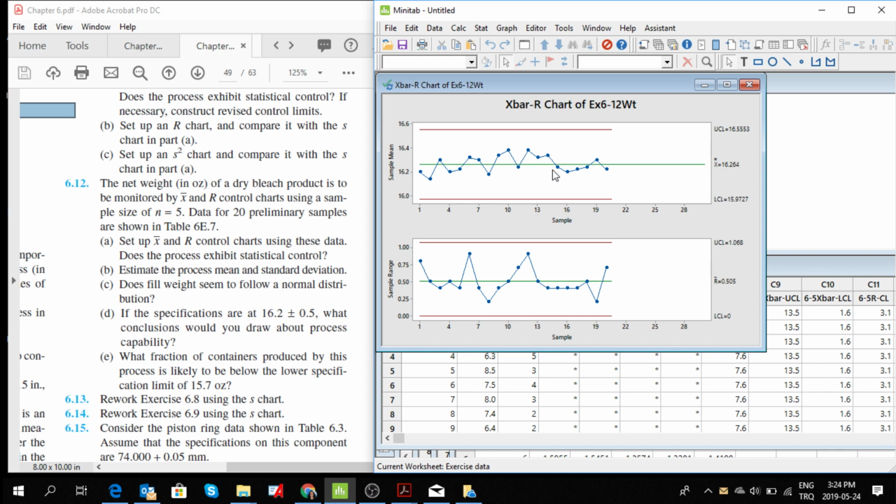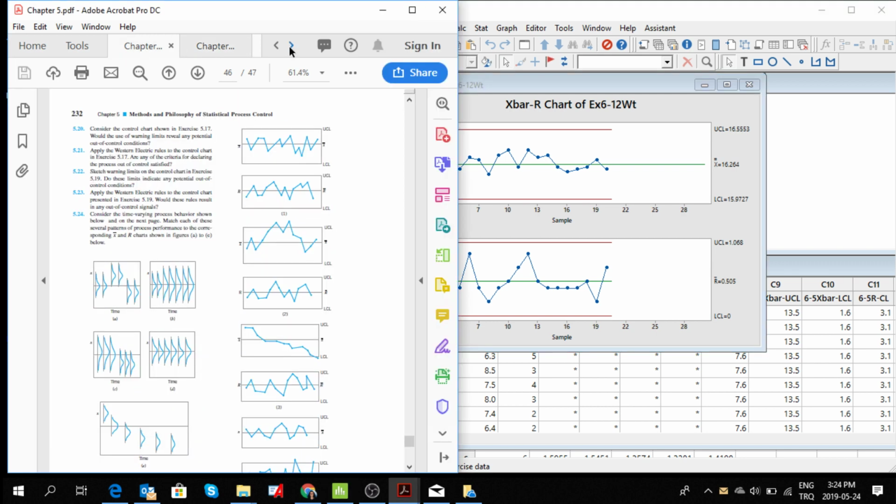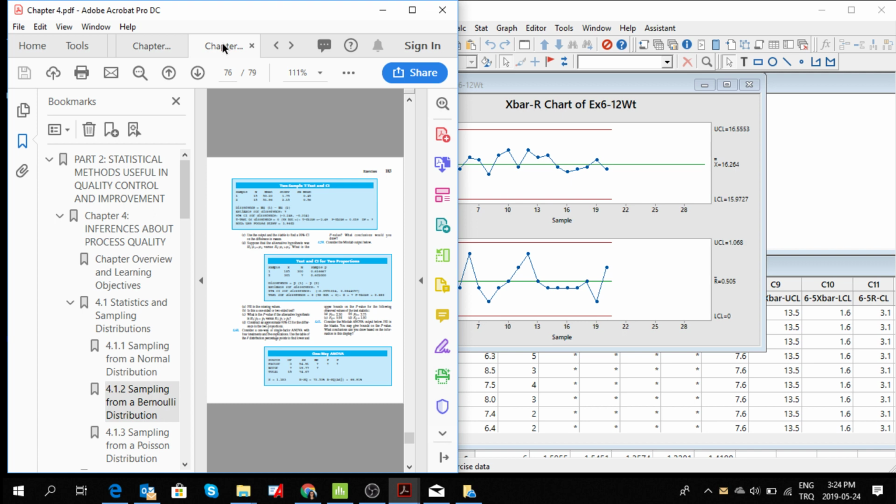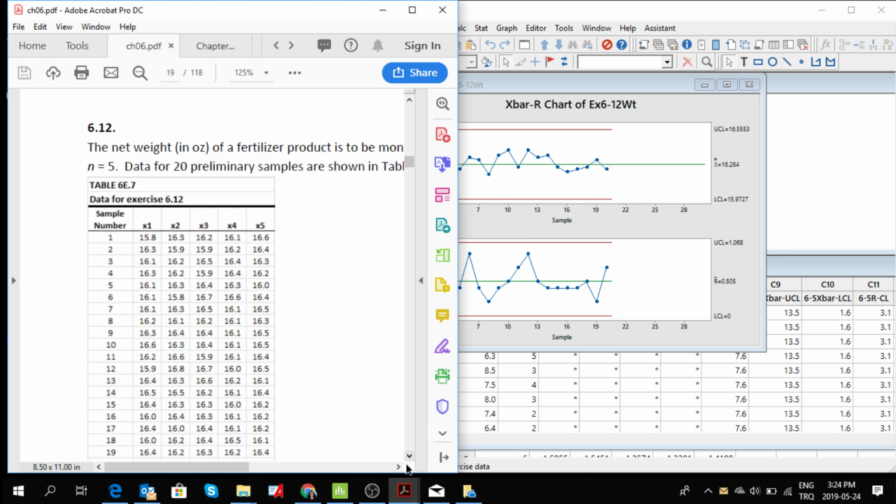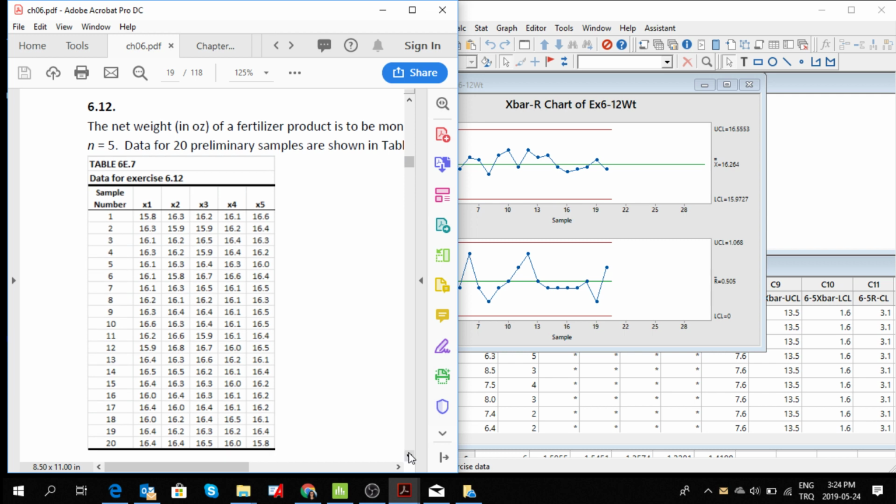Okay, let's see. So this is the actual data set we are using. There are 5 subgroups here, and the sample number is 20 here.